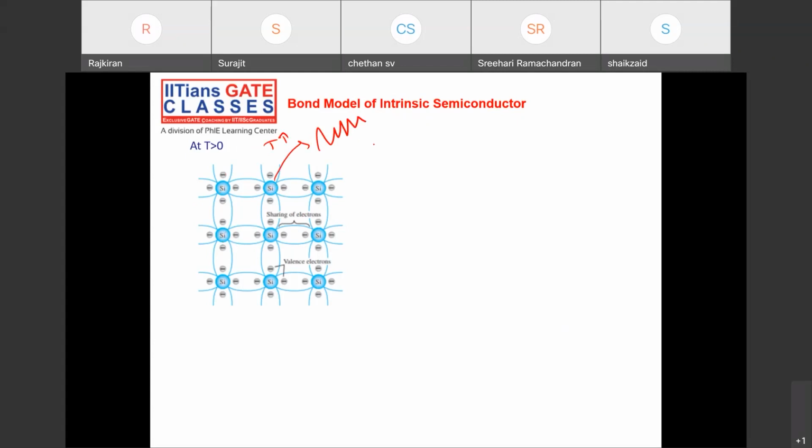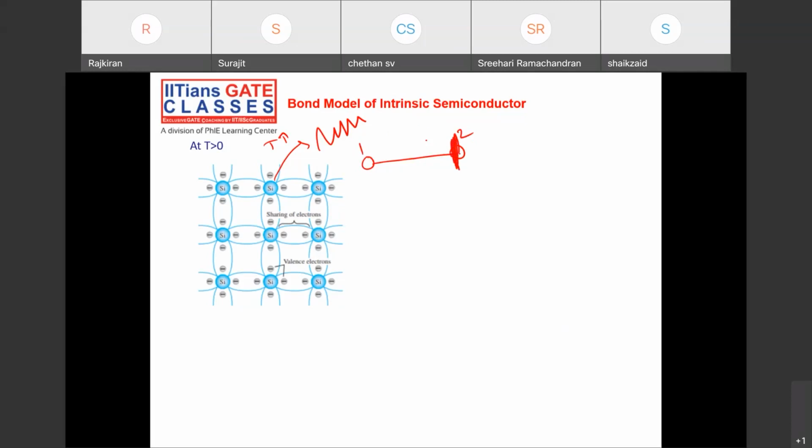Again, I am explaining it. Suppose there are elastic balls, ball 1 and ball 2. Suppose the second atom vibrates like this.